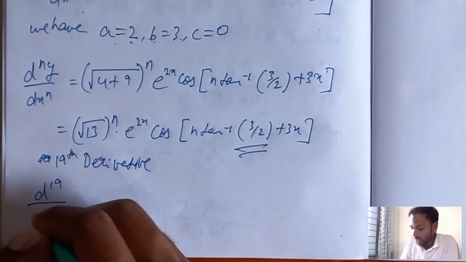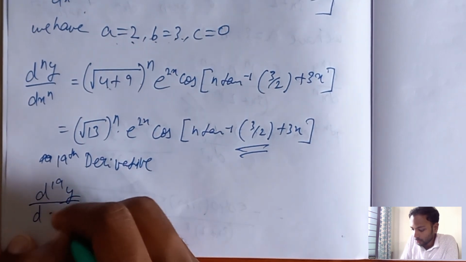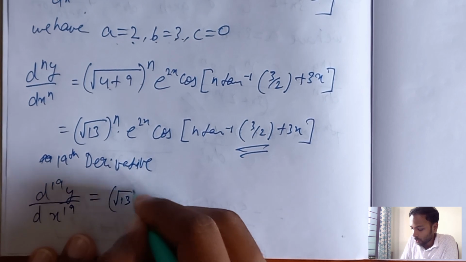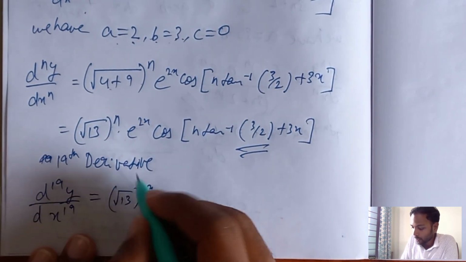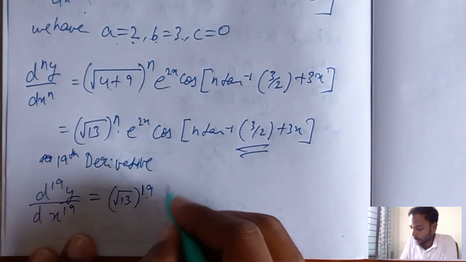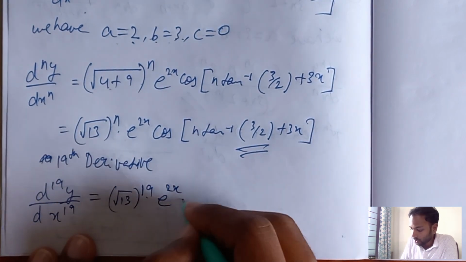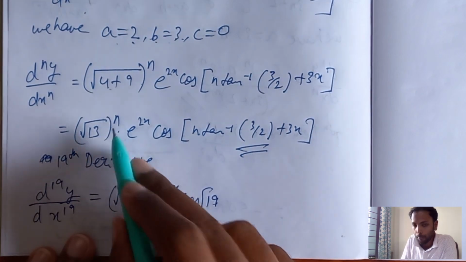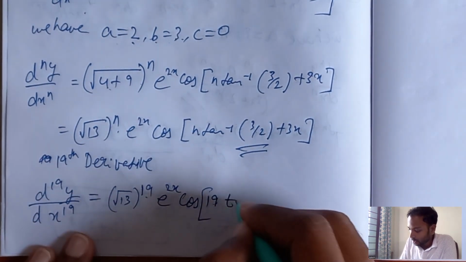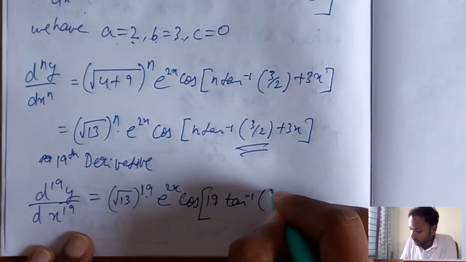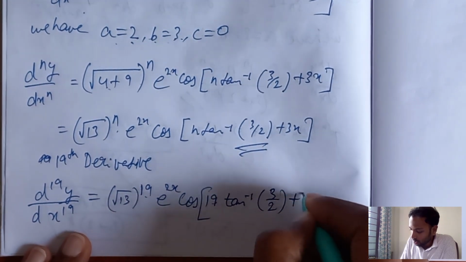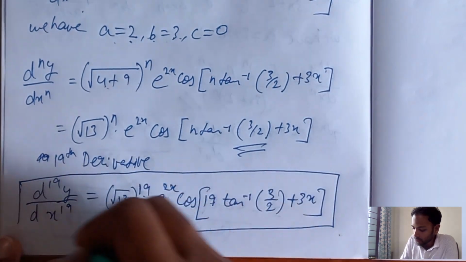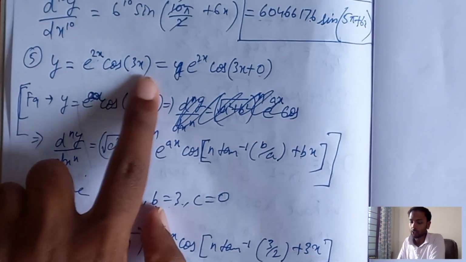So the 19th derivative will look like root 13 to the power 19, because there is n over here, e power 2x cos of 19 into tan inverse of 3 by 2 plus 3x. That is the 19th derivative of the given function.